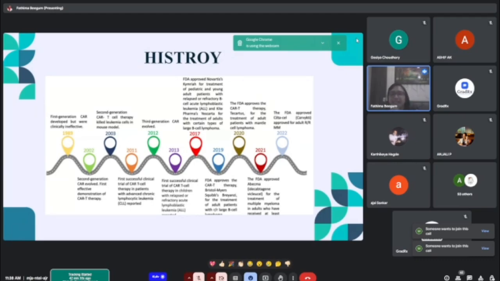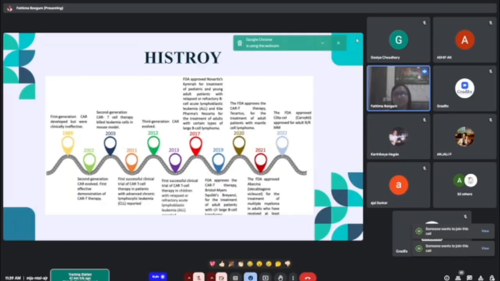Then coming to 2019, Bristol Myers introduced a CAR T cell therapy targeted at refractory or relapsed large B cell lymphoma. In 2020, FDA approved the CAR therapy Tecartus for adult patients with mantle cell lymphoma, a rare type of non-Hodgkin's lymphoma. Then in 2021, Abecma was introduced for multiple myeloma.